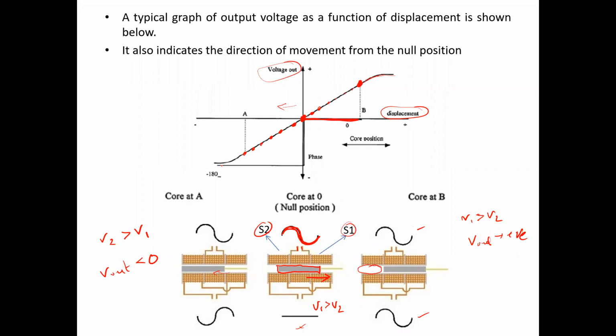Then it will again start getting a non-linear variation, and at a point it will become saturated. And if we talk about the phase difference, then for this case there will be a 180-degree phase shift between the input and the output. That can be represented by this line that is indicated over here.